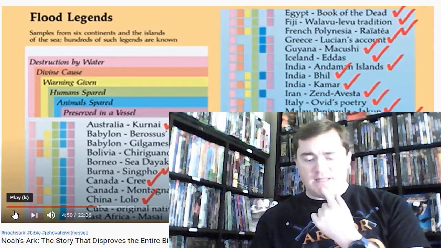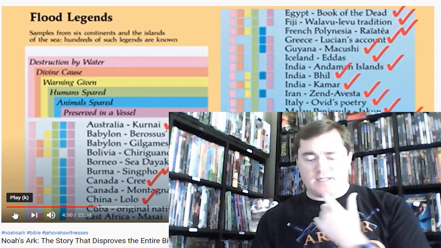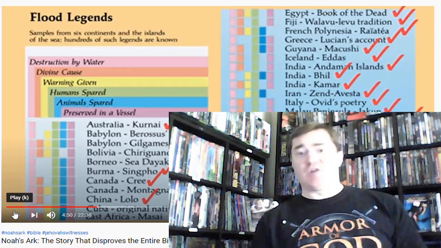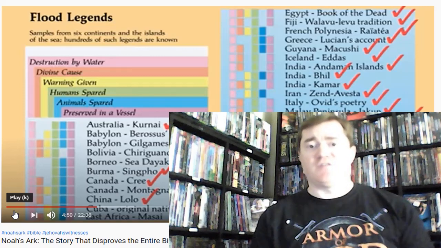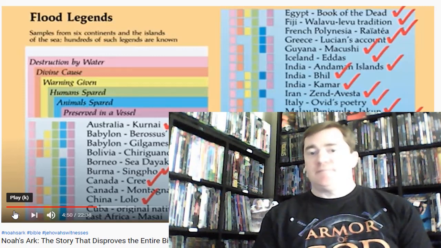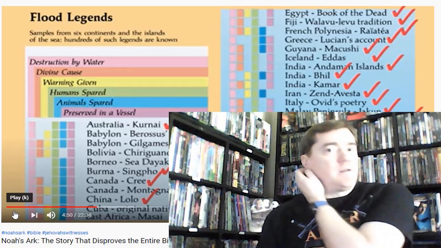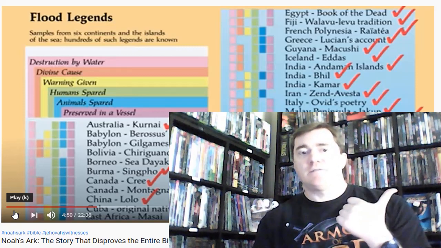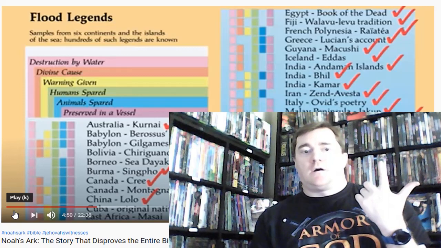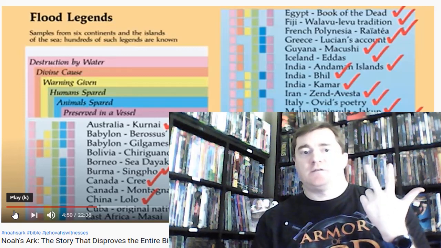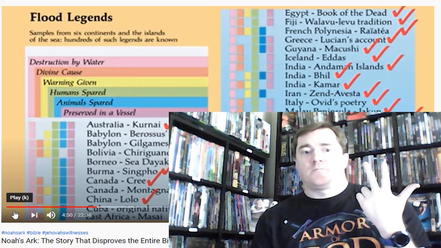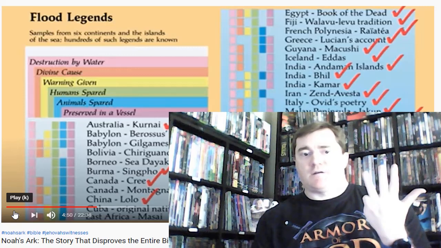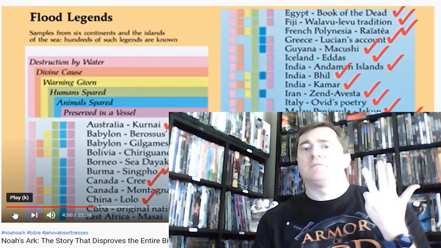It just seems to me that this guy is really reaching when he says that most of these, if not all of these, live on islands or wherever. But you look at Australia, Bolivia, Canada to a certain extent, Alaska.